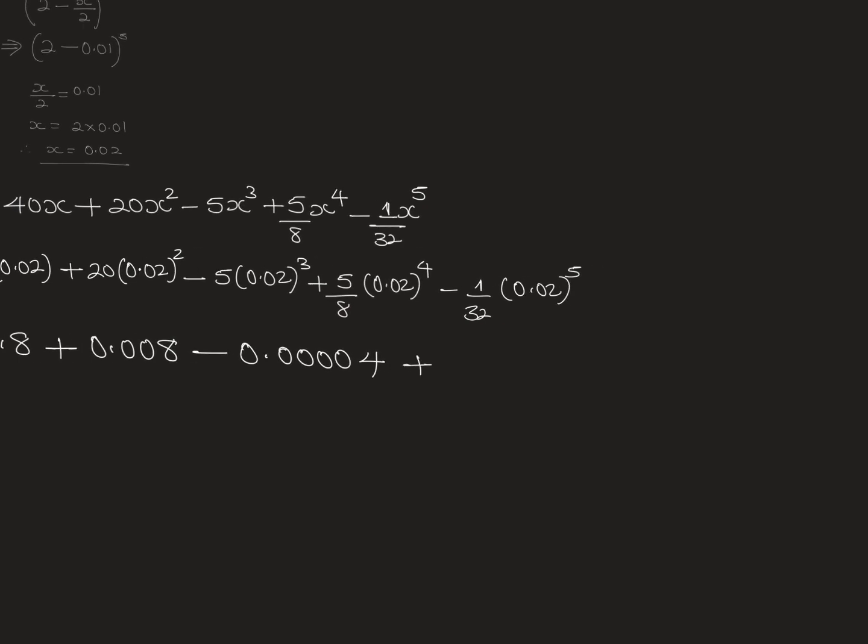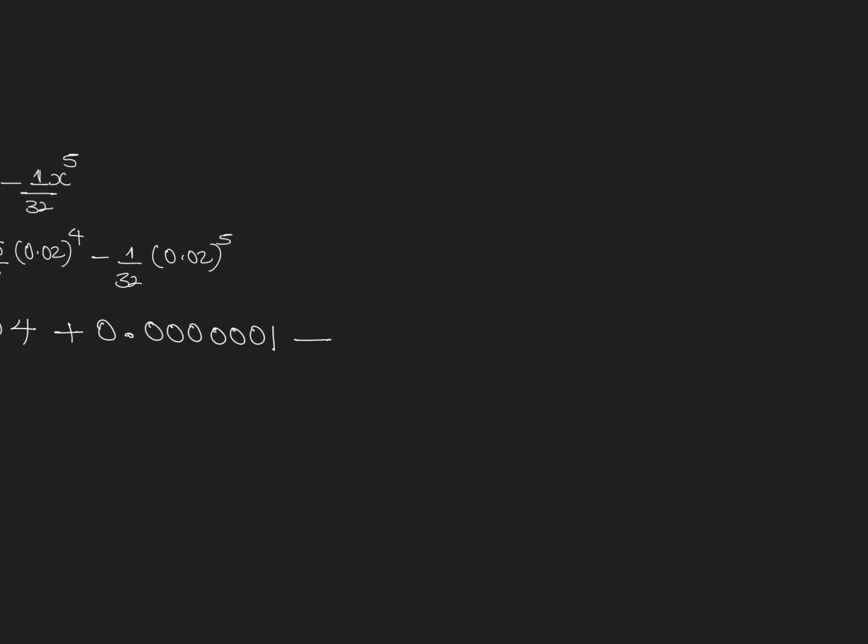Then plus 0.02 to the power 4. Whatever you have, if you multiply by 5 over 8, you will have 0.0000001. Okay? Then minus 0.02 to the power 5. Whatever you have, if you multiply by 1 over 32, you will have 0.000000001. Okay, that is the same as 1 times 10 to the power negative 10.